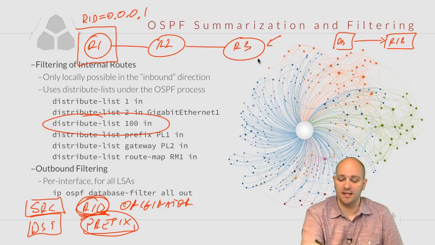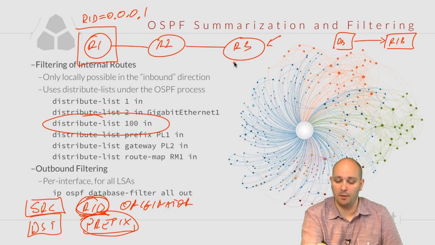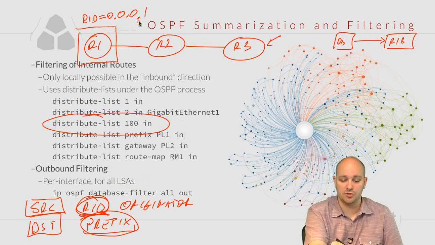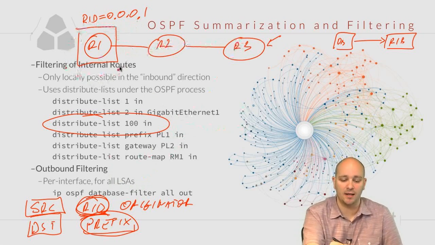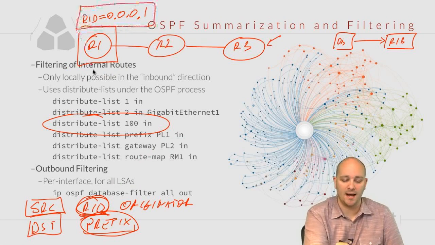So what we would say here on this prefix list that is applied on R3, we would say distribute list 100 in, and then we would say access list 100, deny host 0001.00000, and then any. That basically means deny any routes that were actually originated by R1.